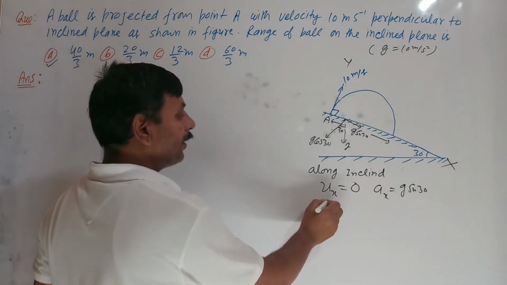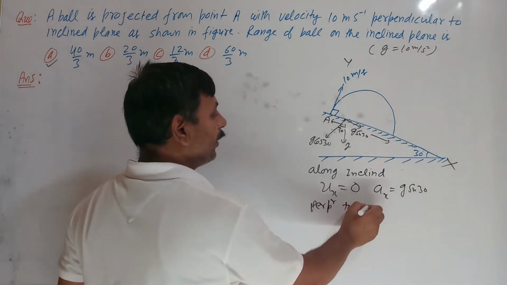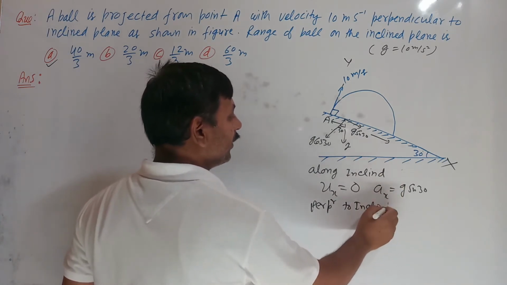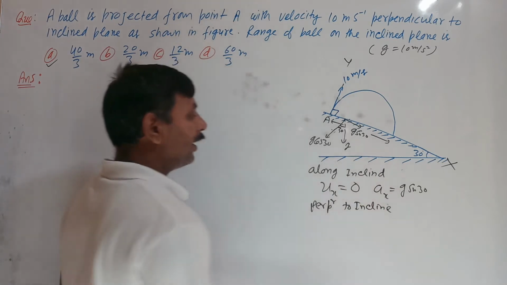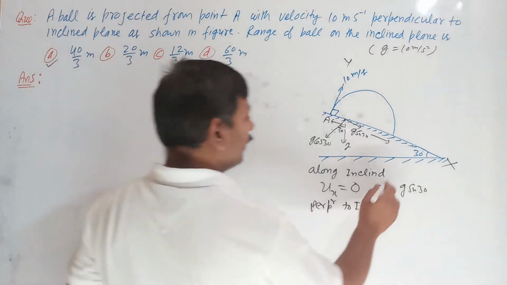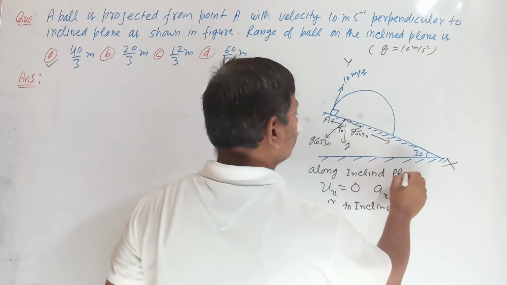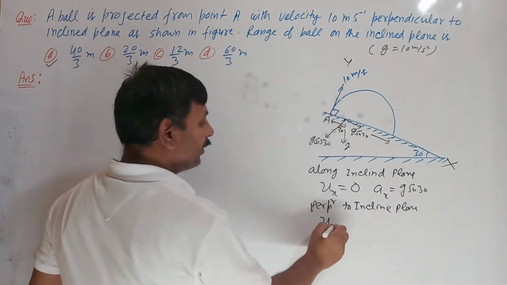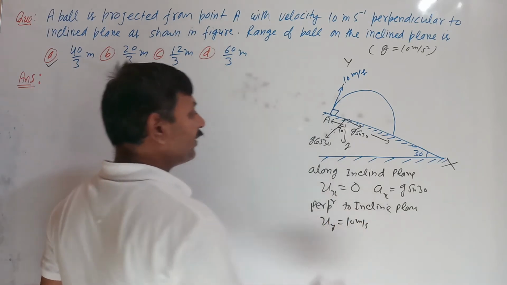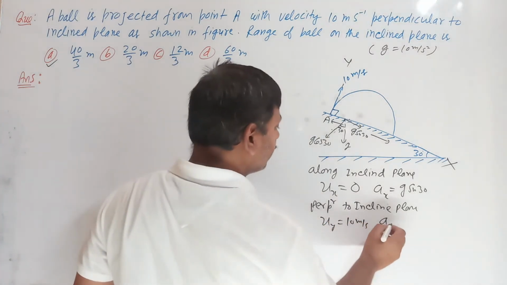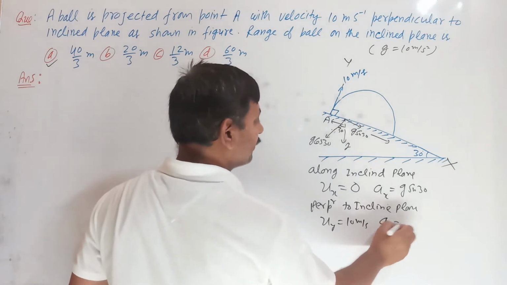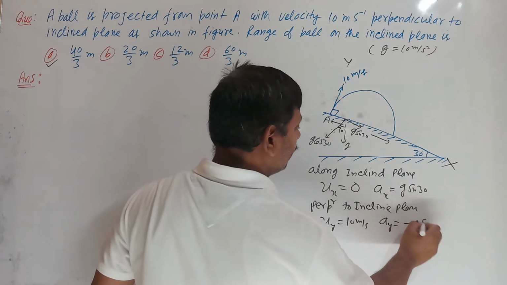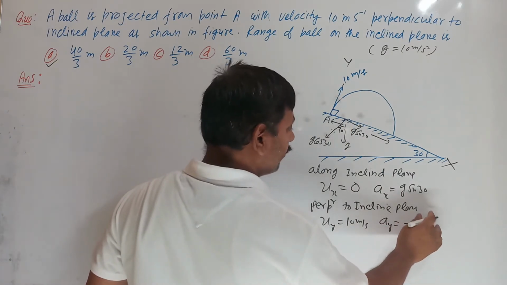Perpendicular to the incline, the initial velocity will be 10 meter per second and acceleration is G cos 30, but it is downwards, so you have to take negative G cos 30.